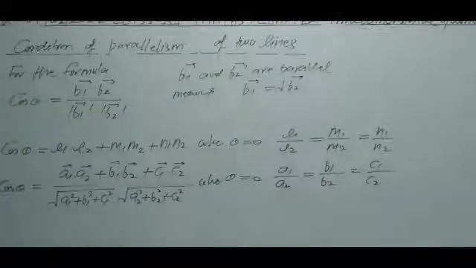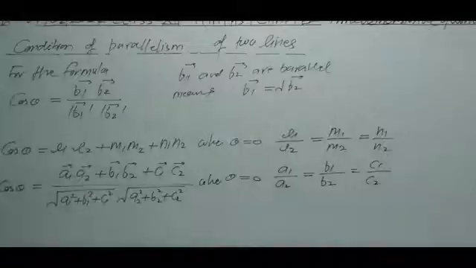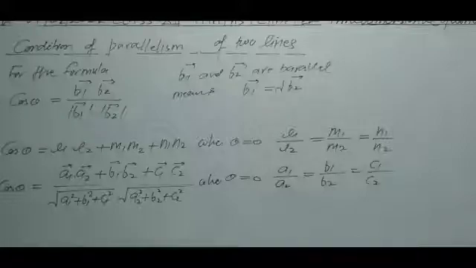Now this topic is totally completed. If anyone has doubts, they can clear them. Now the angle between two lines in vector form, Cartesian form, and direction cosines, this is complete.